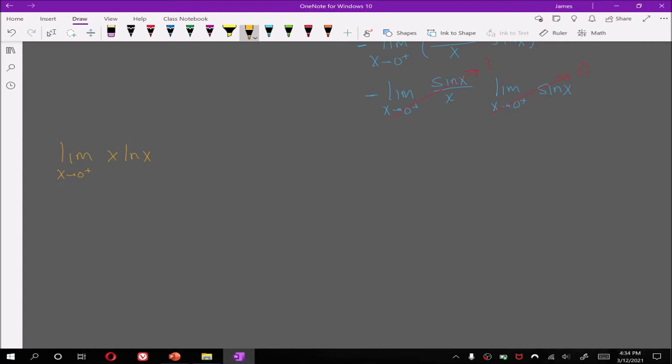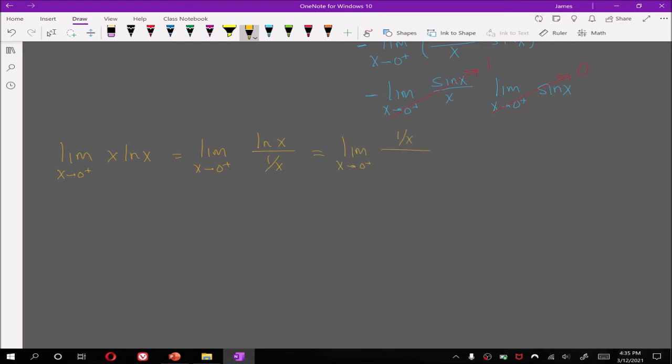However, we can force it into one of those two forms by writing the limit as x approaches 0 from the right of natural log of x over 1 over x. Now we get an infinity over infinity form. So now L'Hopital's rule would apply.